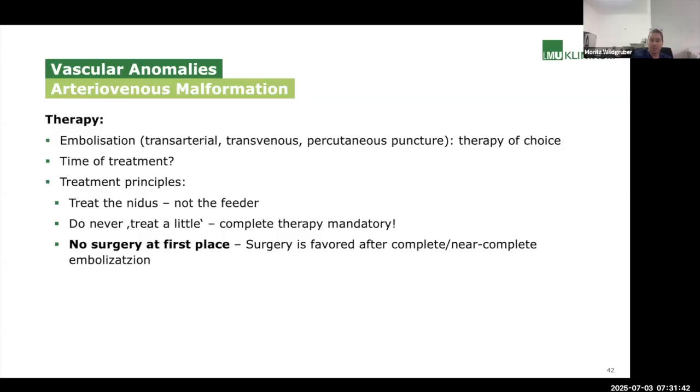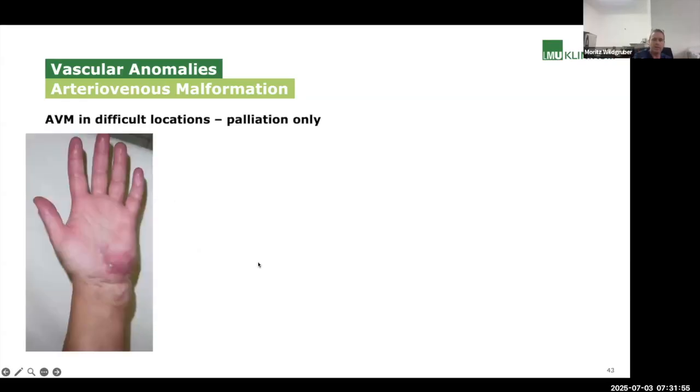What is a very good therapeutic option, though, and therefore we have to stay friends with the surgeons: embolize, make the lesion dry, and then tell the surgeon to take it out. And then he also has a much nicer life, because resecting an embolized AVM is much more fun than just cutting blood vessels.